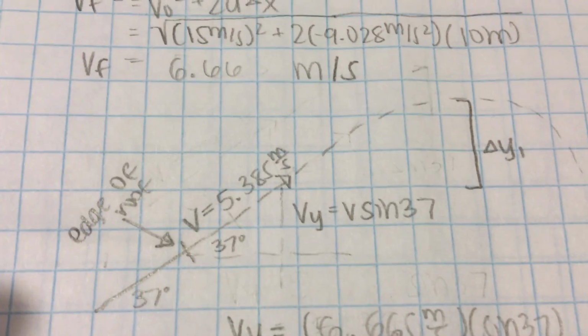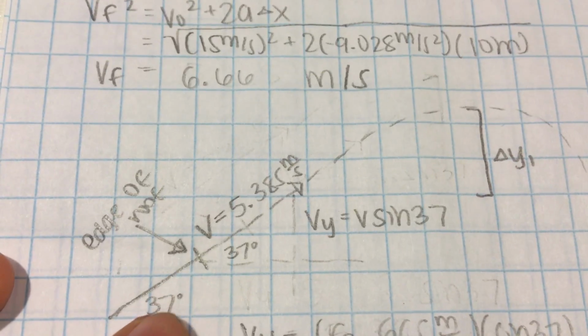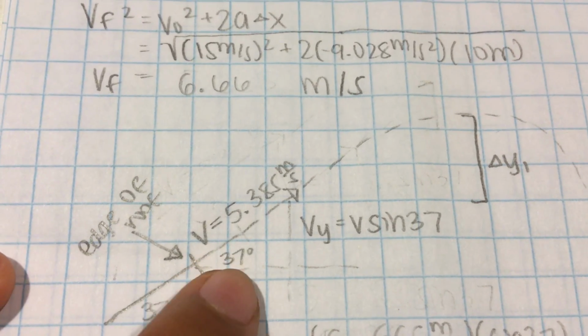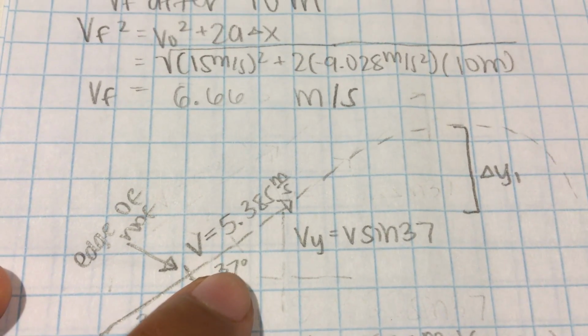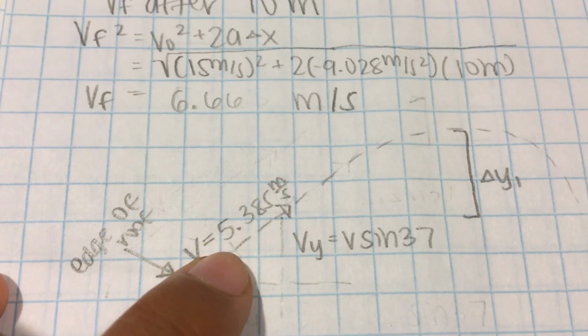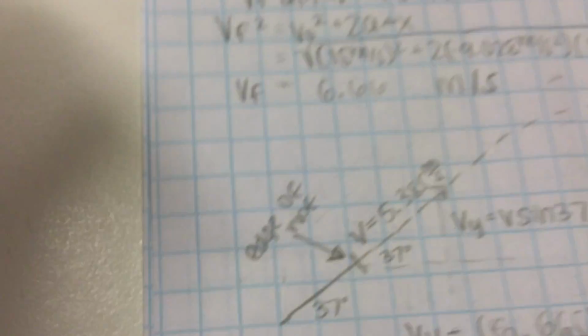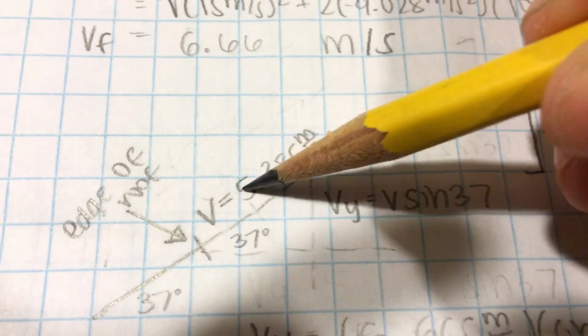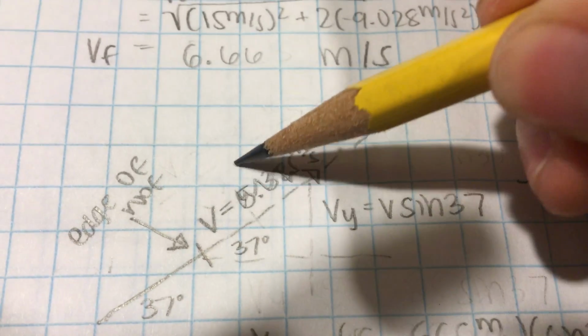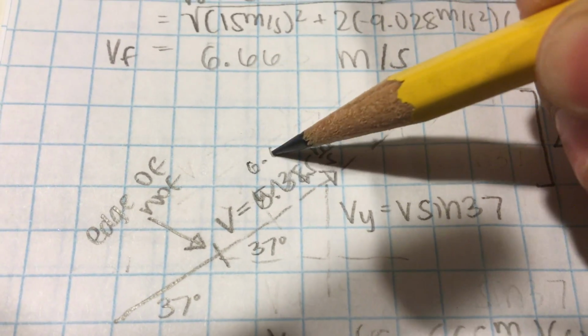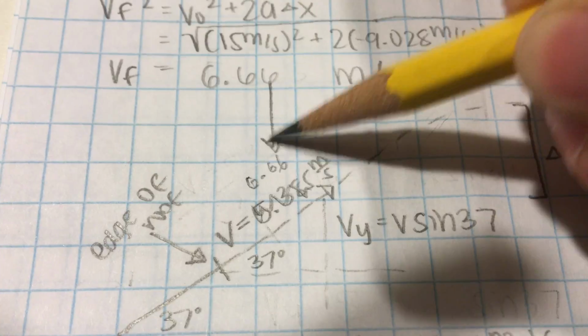I drew another picture because that helped me more. The angle was 37, so it's still 37 up here. And that should be 6.66, so let me fix that. Yeah, this should be 6.66, because that's what we just found.